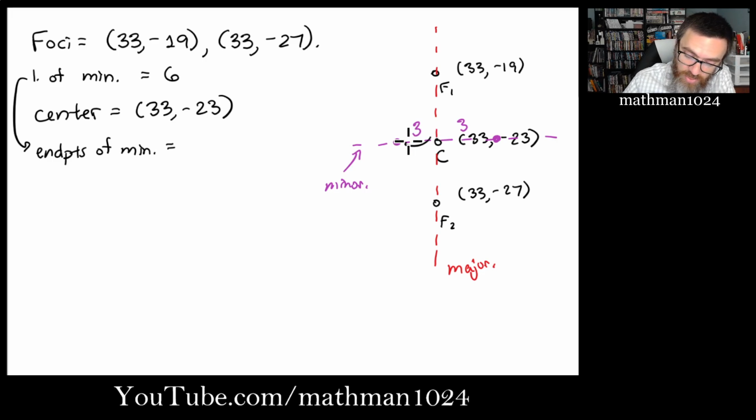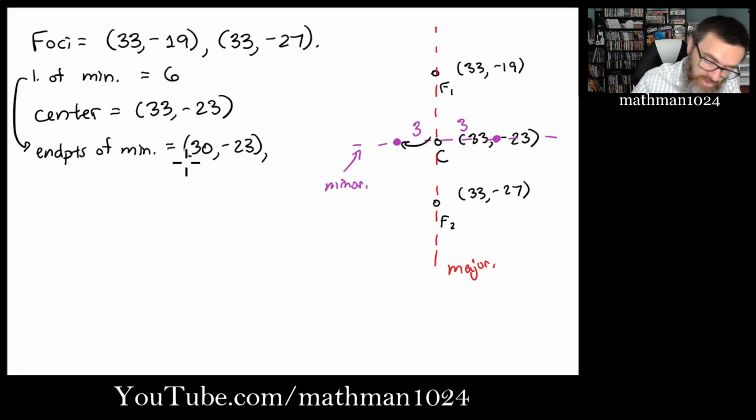One of these is 3 units to the left, so it's going to be 30, negative 23. The other one is 3 units to the right, so that will be 36, negative 23.